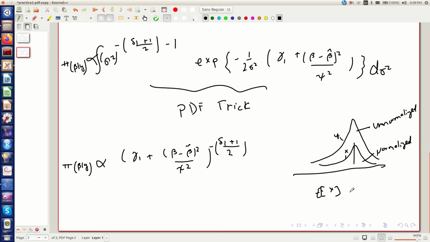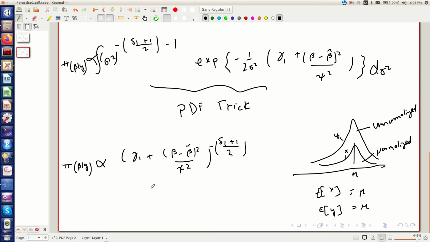If I take the expectation of the normalized one, I get mu. If I take the expectation of the unnormalized one, I still get mu. It's still right in the middle, even though it doesn't integrate to 1. So my point estimates will still be what I want them to be. I just want to integrate to 1, so it doesn't matter what these normalizing constants are.